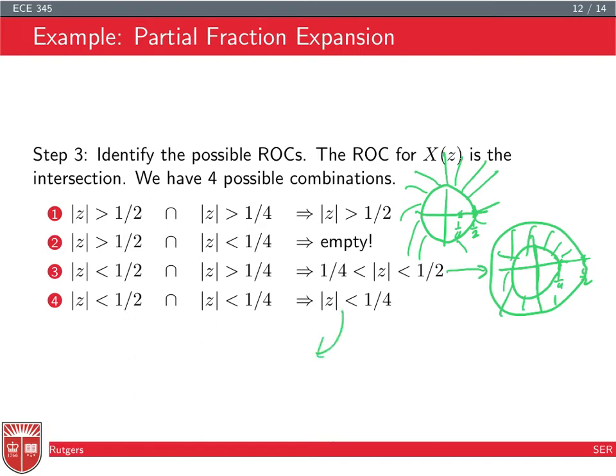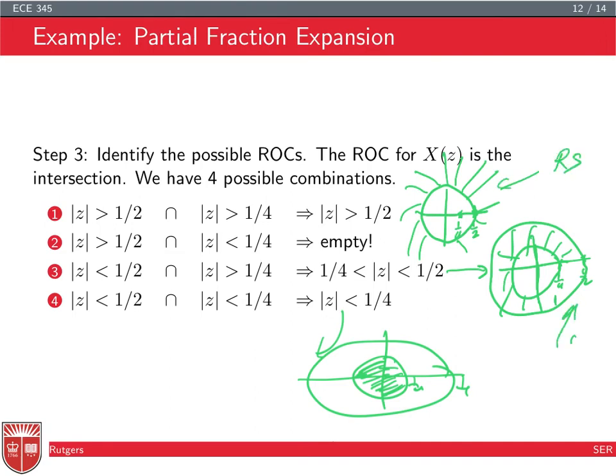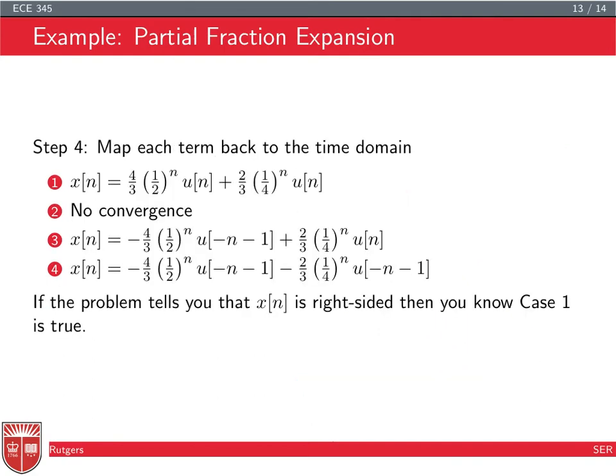And here is the inner part of the inner circle. So I hope you can already see that this is basically the right-sided signal, and this is the double-sided, and this is the left-sided signal.